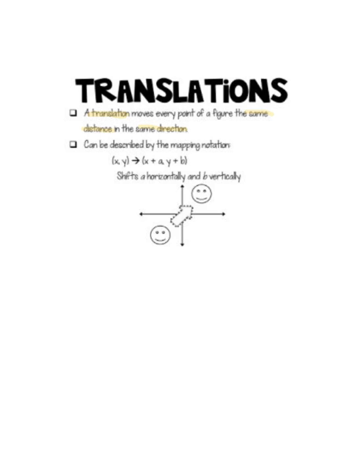We can describe these using a mapping notation that takes every coordinate point, because it's every point of a figure. So we move the points up, down, left, right, and then you just connect the points back together to make the shape. So this can be described by the mapping notation x, y, that's our coordinate point.